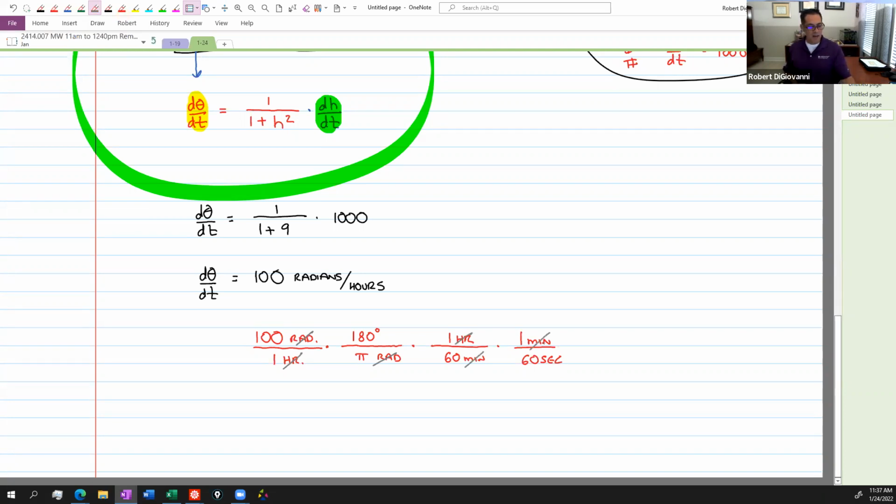All I'd be left with at the end of all of this is degrees on top and seconds on the bottom. So I'm multiplying 100 times 180 on top. That's 1800 degrees over, and now I have to do 1 times pi times 60 times 60.